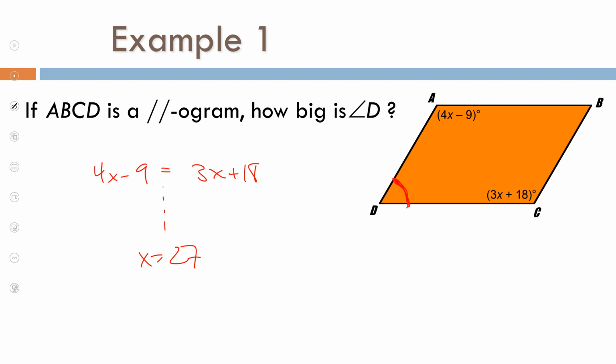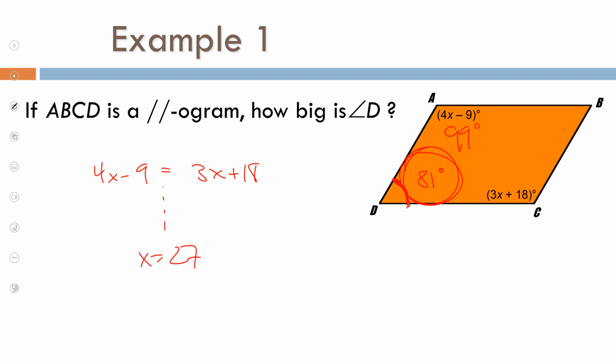You plug in 27 for X in A. Okay, so 27 times 4 is 108, minus 9 is 99. And you do 180 minus 99. Well done. 180 minus 99 is 81. Now all of a sudden the degree symbol pops up because we're talking about the degrees in an angle. Very good.